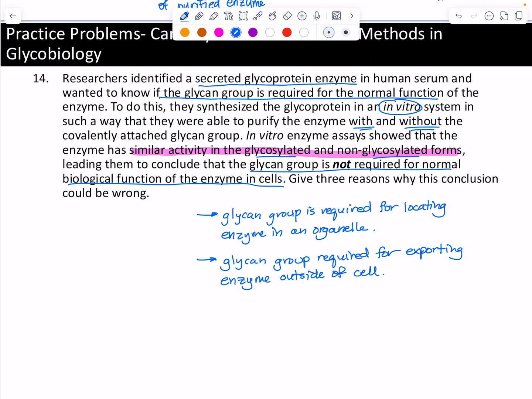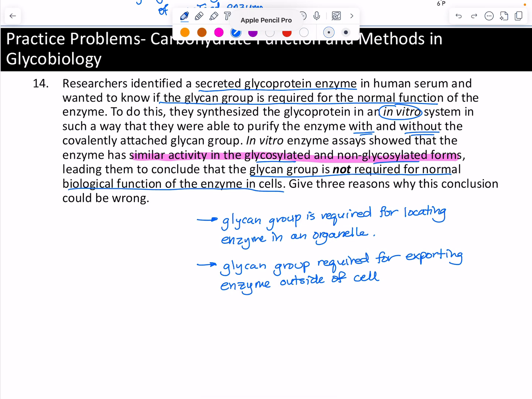And actually, it does happen to be a secreted glycoprotein, so there's that. And so in terms of locating it in an organelle, then maybe it's required to get inside a different cell type that would then target it into the cell.